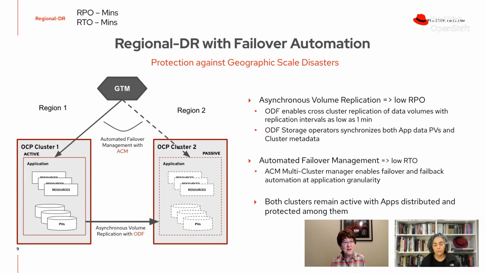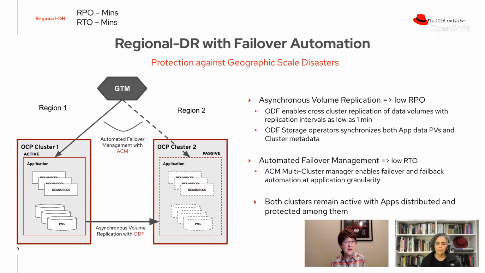So what we're doing is we're using ACM, we're deploying the application via ACM, and then we're replicating via the ODF mirroring from one cluster to the other cluster the persistent data on a snapshot basis. So say, like I said, every 5 minutes, the delta data from each volume that is being mirrored is copied over to the alternate cluster.